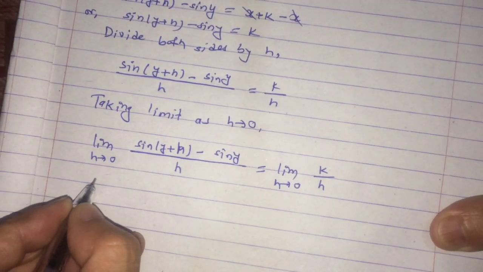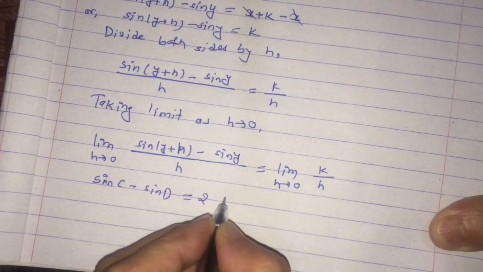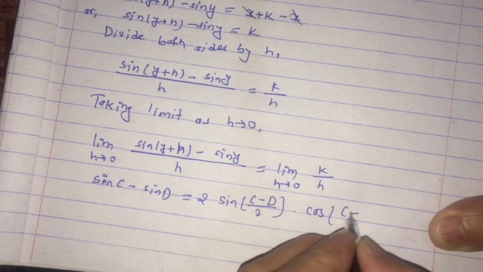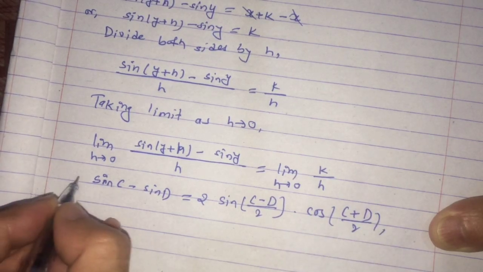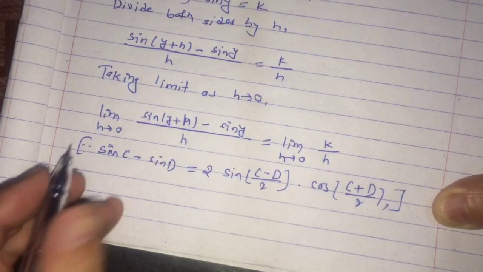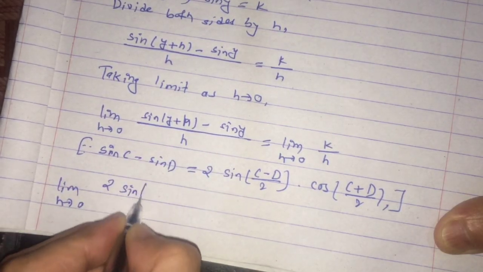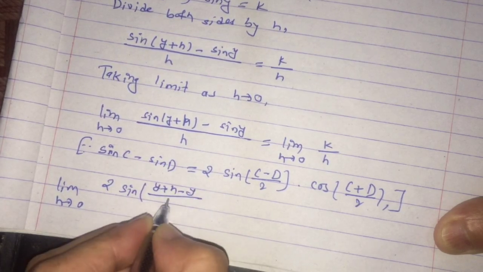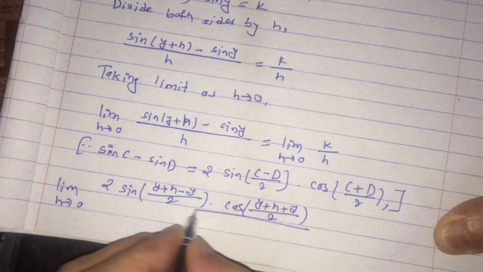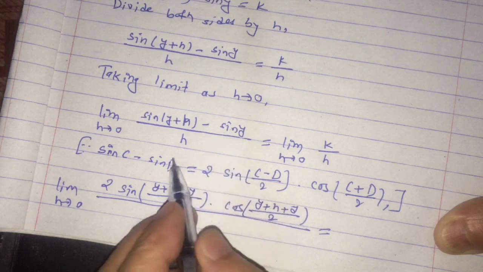On the left hand side, using the relation sine c minus sine d is equal to 2 times sine of (c minus d) by 2 times cos of (c plus d) by 2, we get limit as h tends to 0, in place of sine of y plus h minus sine y, we can write 2 times sine of (y plus h minus y) by 2 times cos of (y plus h plus y) by 2, whole divided by h, because in place of c, y plus h is there, and in place of d, y is there.